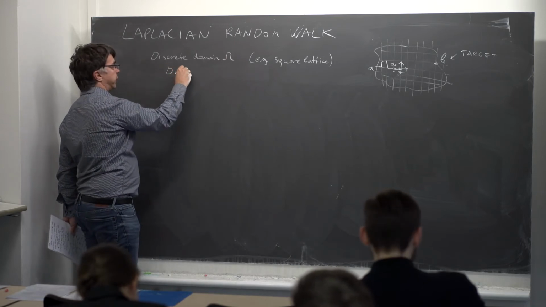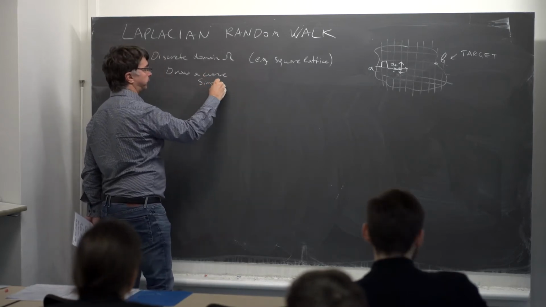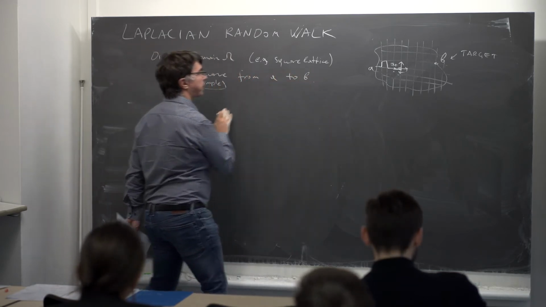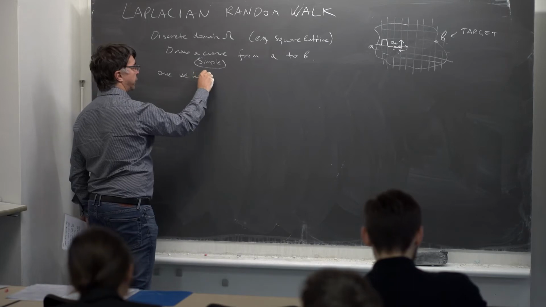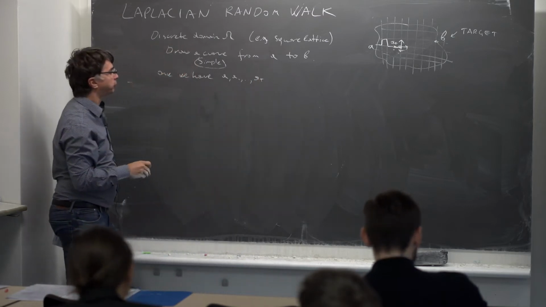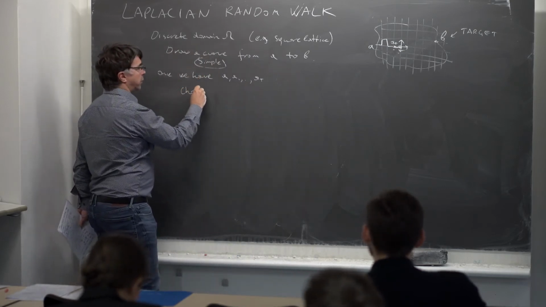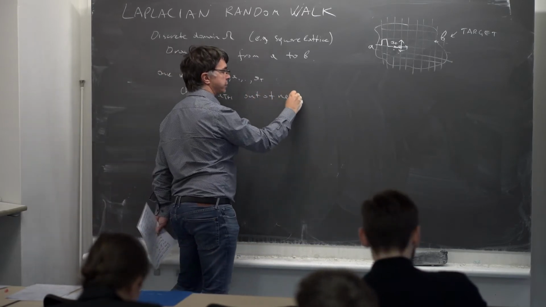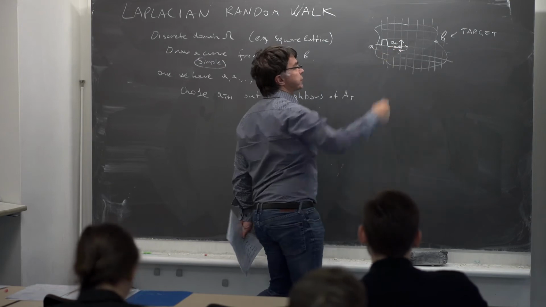So we want to draw a curve, a simple curve, from A to B. Once we have already the curve A, A1 and so on, AT, choose AT plus 1 out of neighbors of AT. So we need to choose one of these 3 points.